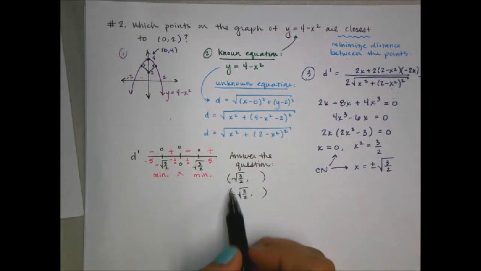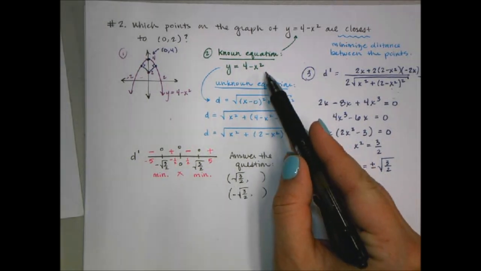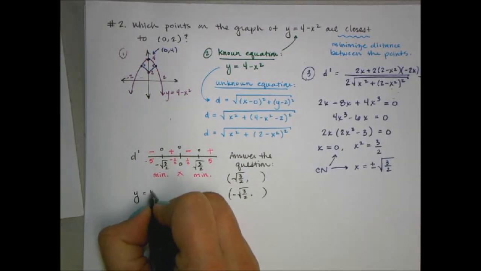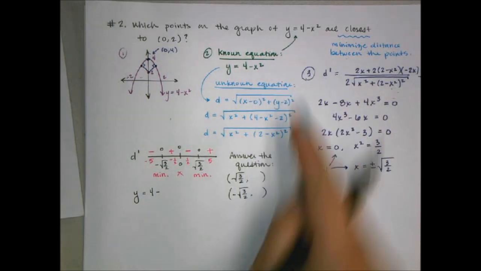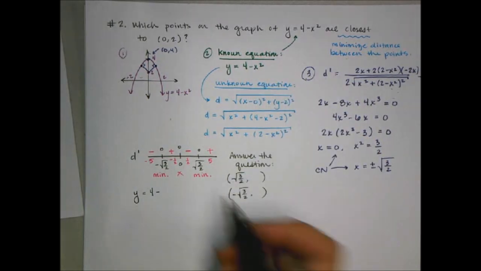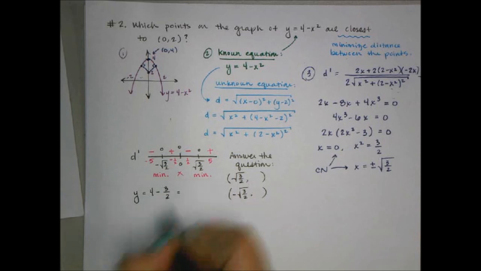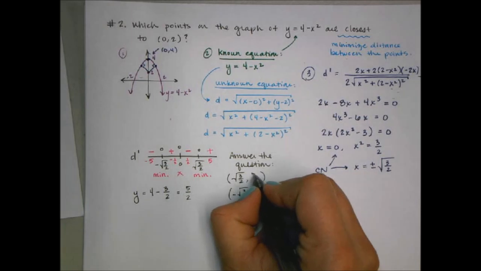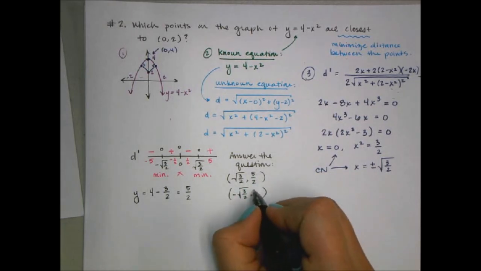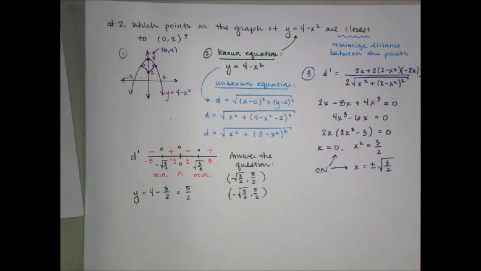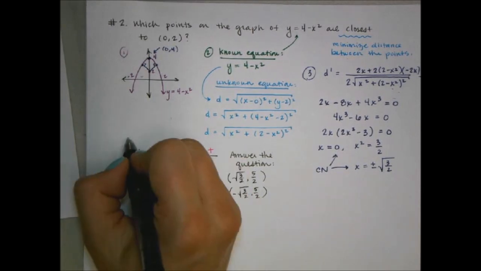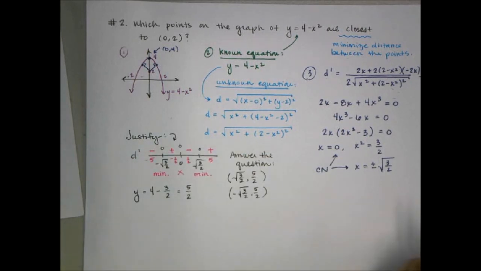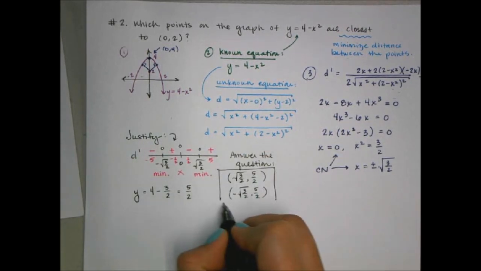So these go back into our equation here for x. So we'll end up with y is equal to 4 minus, if I square these numbers, we just get 3 halves out. 4 minus 3 halves is 5 halves. And then we already did our justification over here with our number lines. These are those coordinate pairs that we need.